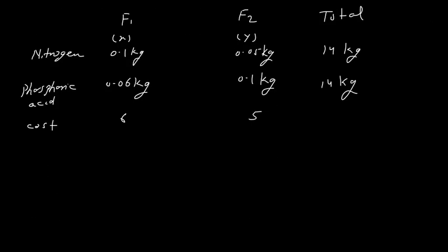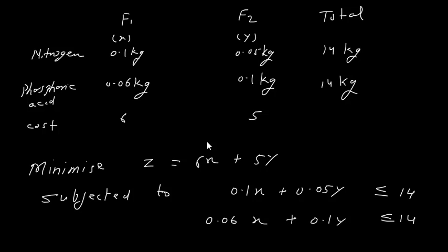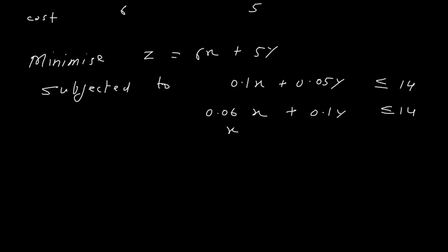I will say that we have to minimize Z equals 6x plus 5y, subjected to few conditions: 0.1x plus 0.05y less than or equal to 14, 0.06x plus 0.1y less than or equal to 14, and the fertilizer which you manufacture or which you require should be non-negative, so therefore x and y are greater than or equal to 0.